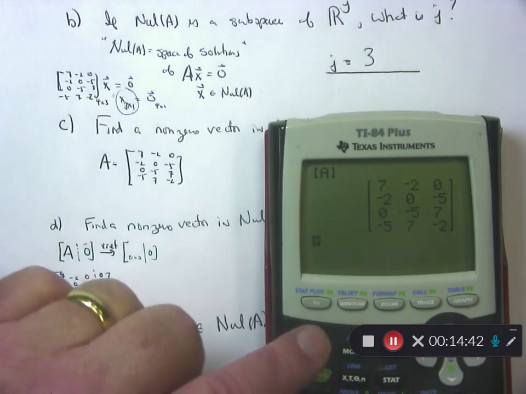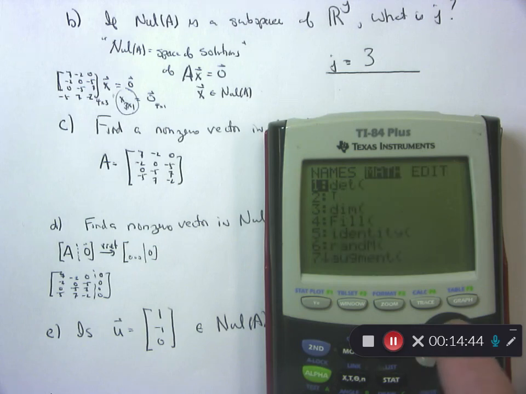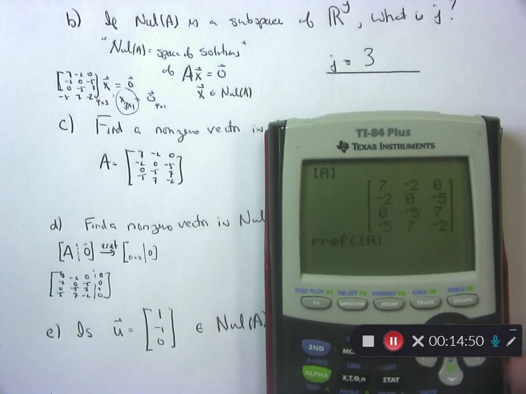So if I go second matrix, math, go over here to RREF on matrix A, do I get the famous invalid dimension, go to quit thing here? When you're dealing with matrices, what's been programmed on your calculator is this.